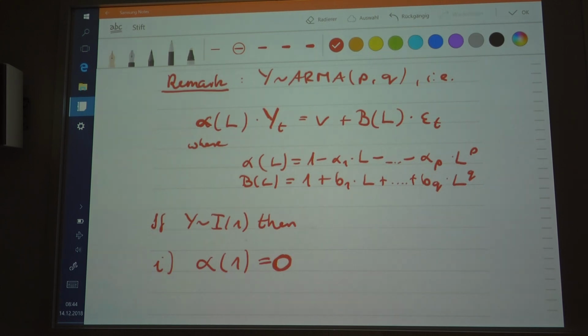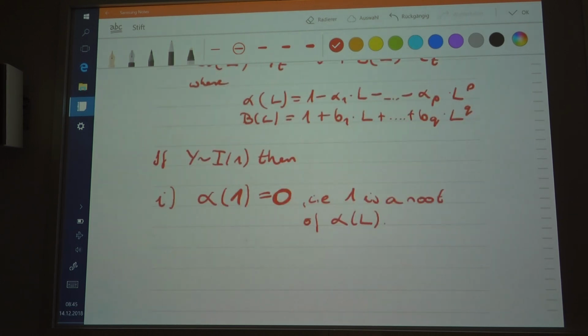So we basically say that 1 is a root of the lag polynomial alpha, meaning that the process has a unit root. So y has a unit root.